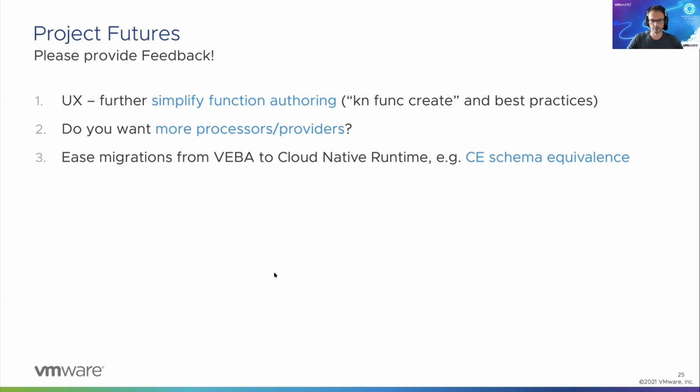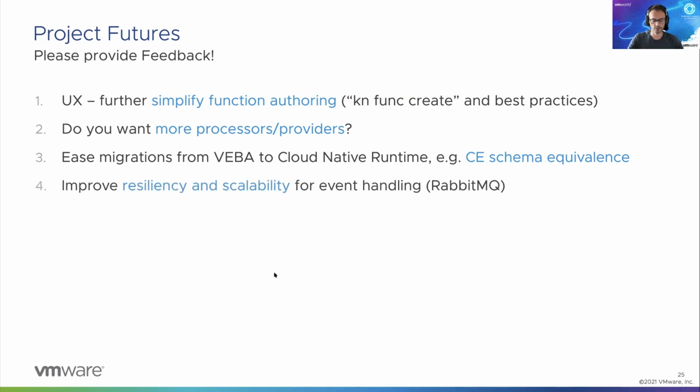And right now, there's a little bit of difference when it comes to these cloud event attributes, for example, subject and type, that we over time will smooth out. So you will see some changes in VEBA to adapt to Cloud Native Runtime to make the transition from this open source community-backed project to a commercialized project and product easier for you.